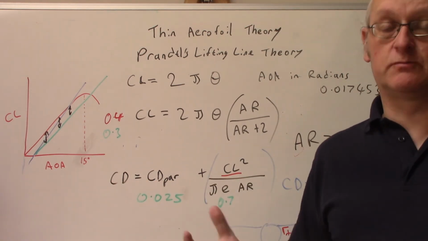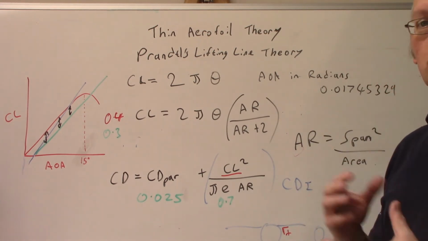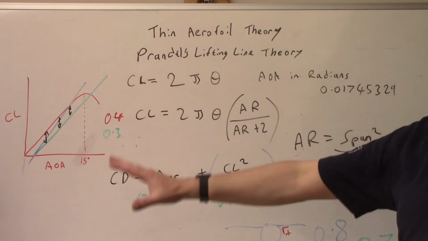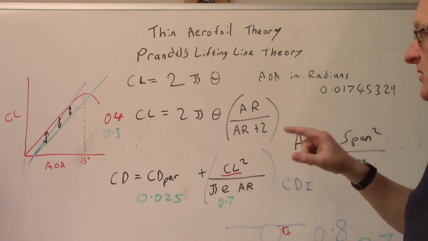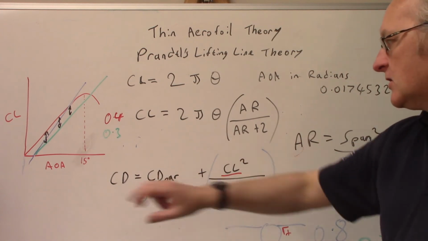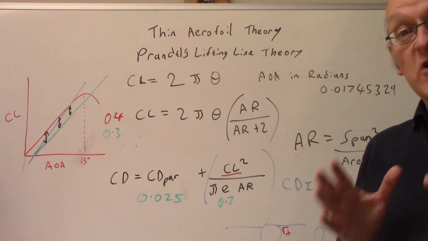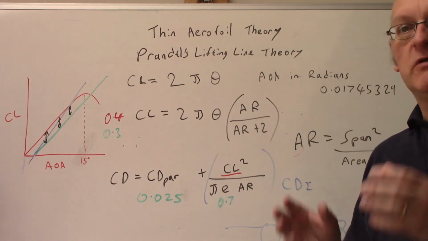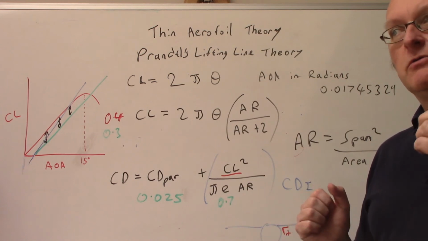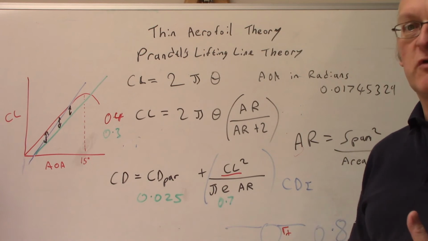So when you stick all the numbers in, using Prandtl's lifting line theory and thin airfoil theory to work out your theoretical coefficient of lift, you will end up with a slightly lower coefficient of drag than what you would have with your experiments.